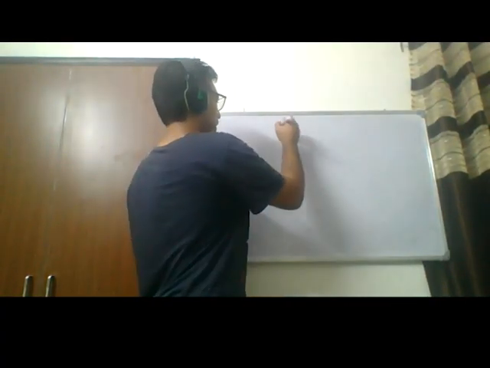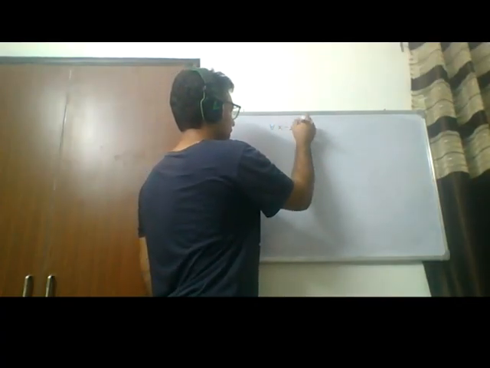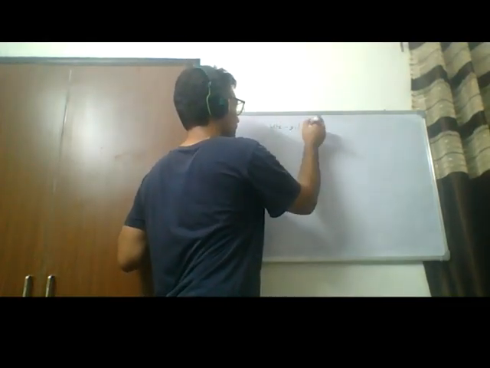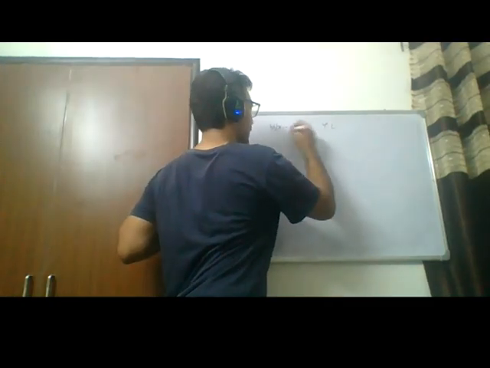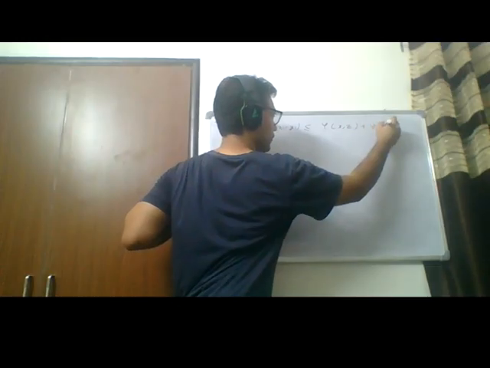Okay. So let's prove that the square metric is a metric. For all i, this is less than rho of x comma z plus rho of y comma z, right?